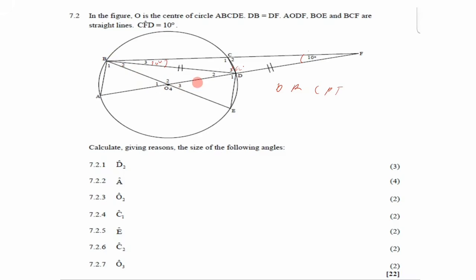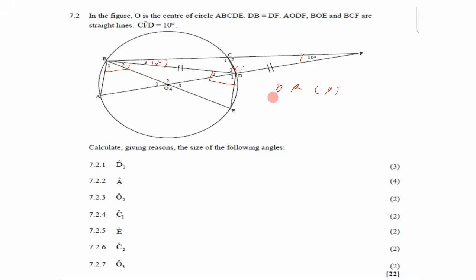BOE is a diameter, and AOD is also a diameter. So where do we have 90 degrees? We have 90 degrees here, and also here. Since AOD is a diameter, here we also have a 90-degree angle, right?